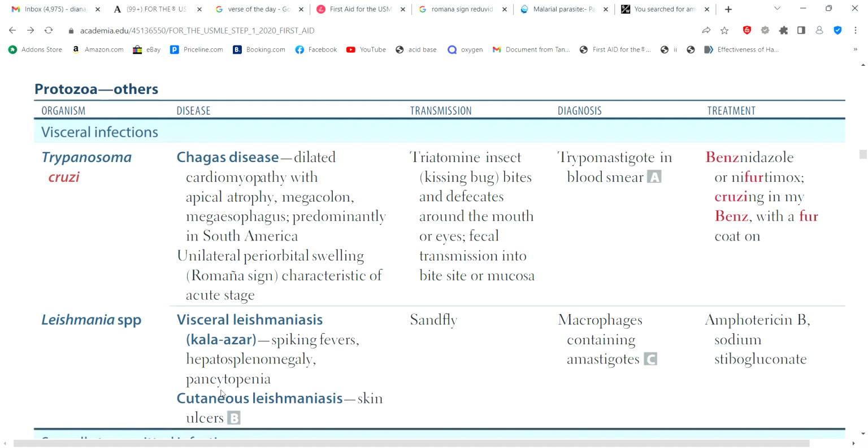The patient scratches the area after the bug bites them because it's itchy and spreads the poop around, and then the area becomes inflamed.